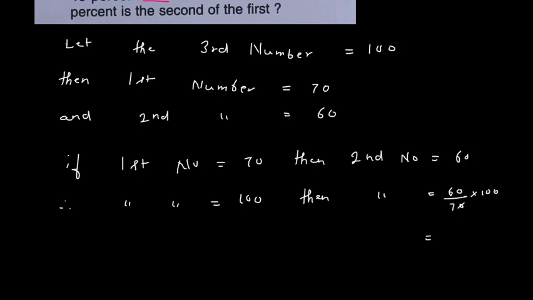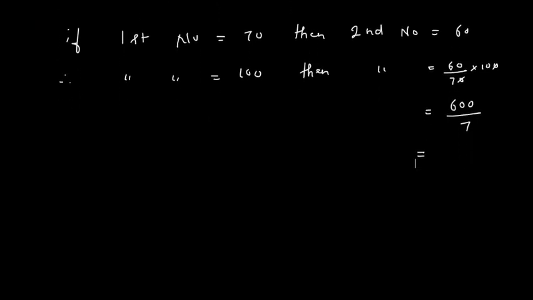So the zeros we cancel. This is 600 divided by 7. In mixed fraction, 7 eights are 56, then 4 is remaining, 40, 7 fives are 35, 5 is remaining, so 85 and 5 by 7.